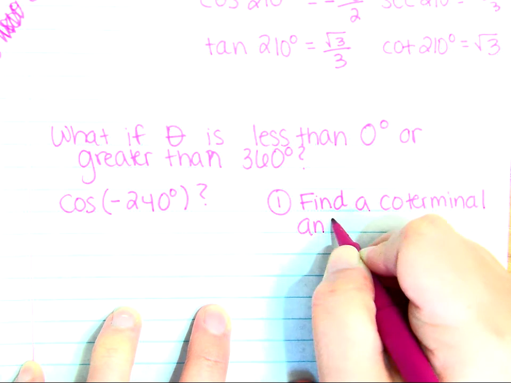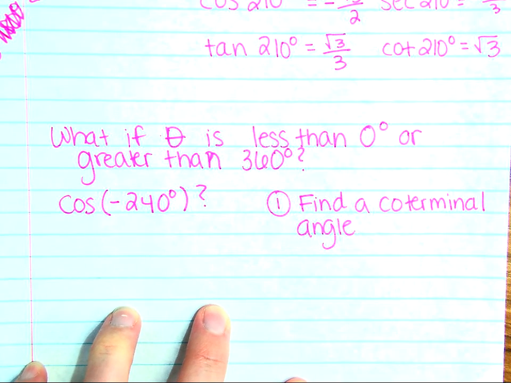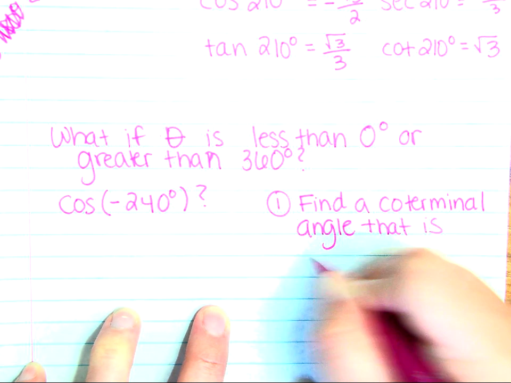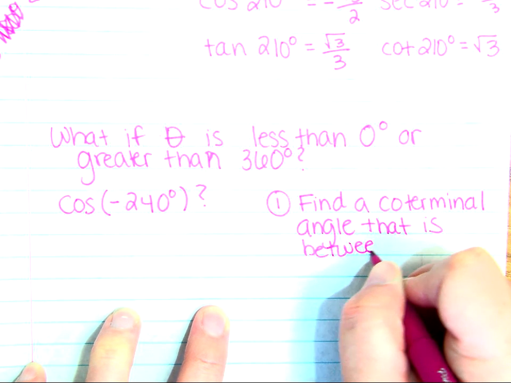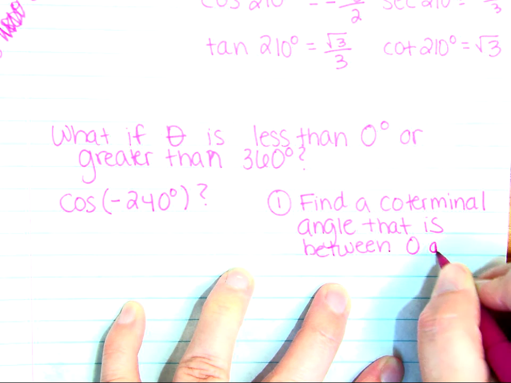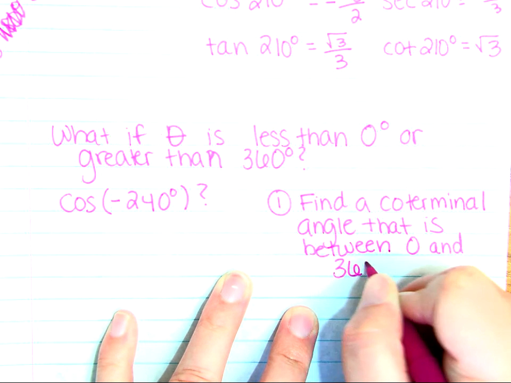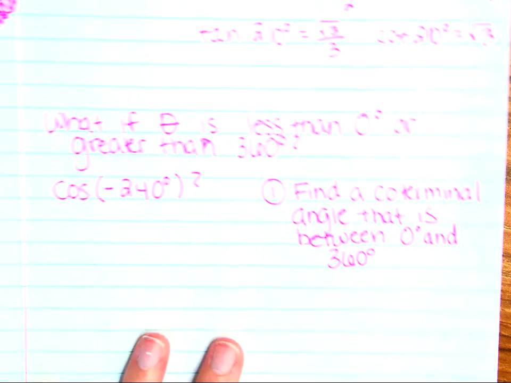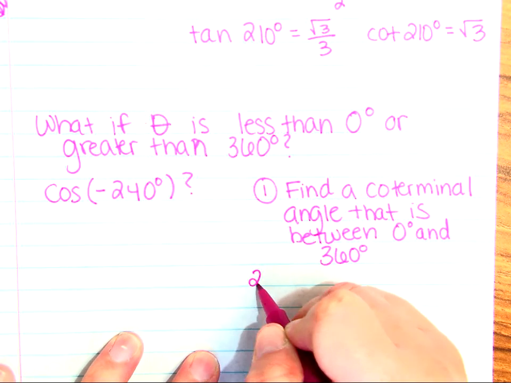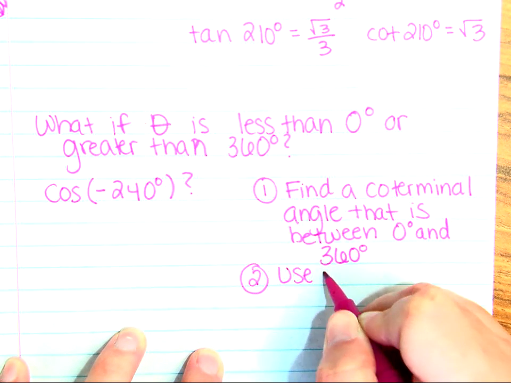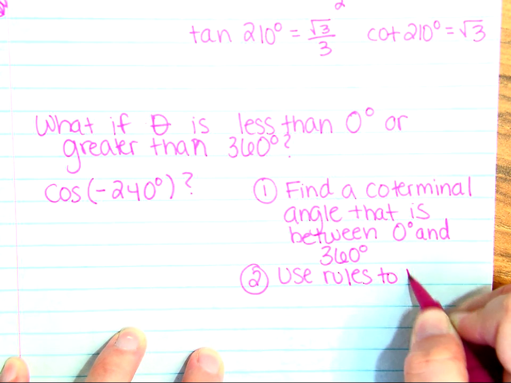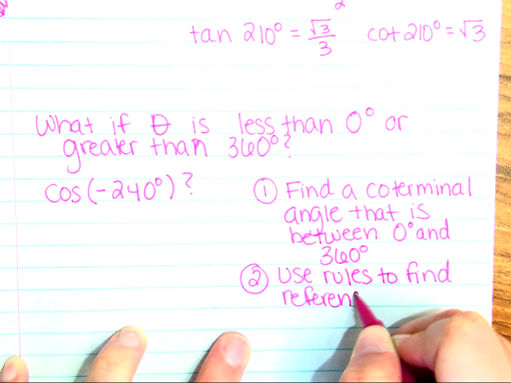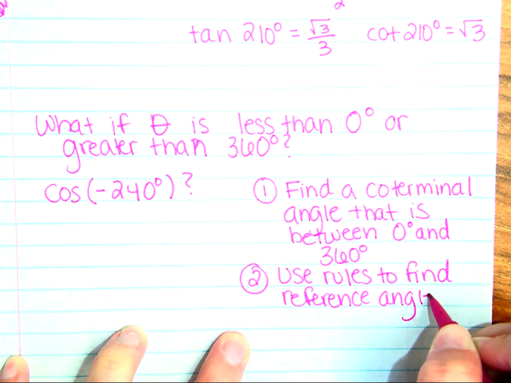So the first thing you would need to do is find a coterminal angle that is between 0 and 360. And then you find the reference angle of your coterminal angle. So we would use our rules to find the reference angle of the coterminal angle.